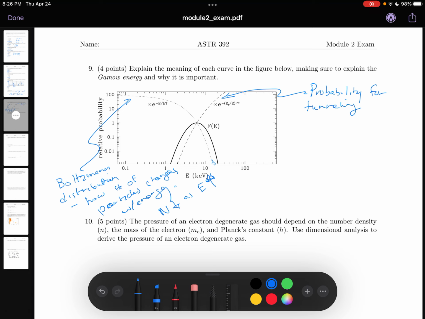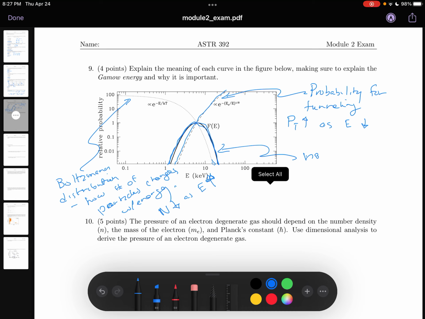And so the probability for tunneling increases as the energy of the particles, E, increases. So we have these conflicting trends here, right? The number of particles that have enough energy to tunnel is going down and down, as the energy required goes up. And so when you look at the product of these two curves, you get this curve in the middle, which shows you the most likely energies where you will actually get tunneling happening.